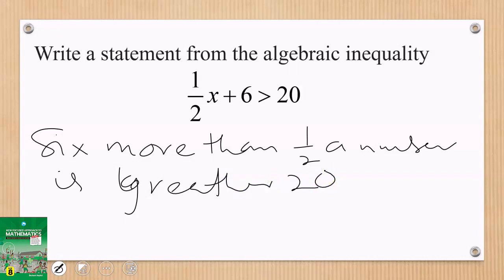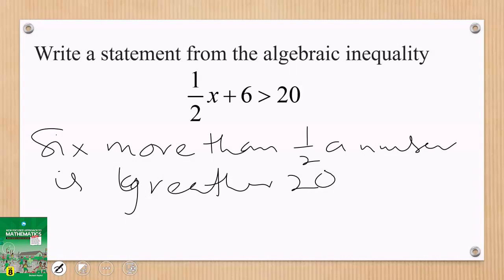I hope it's clear. So 6 more than half a number is greater than 20. Or you can say half a number and 6 is greater than 20.